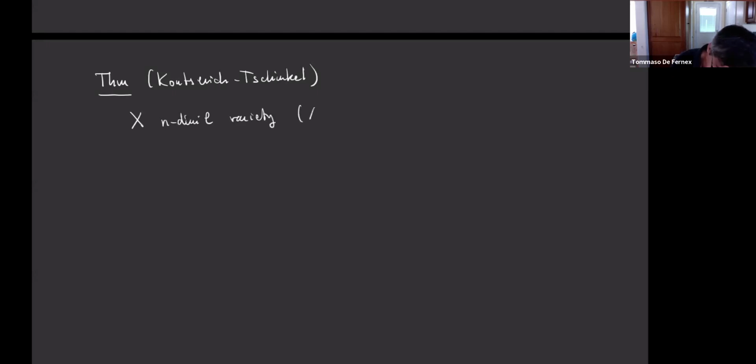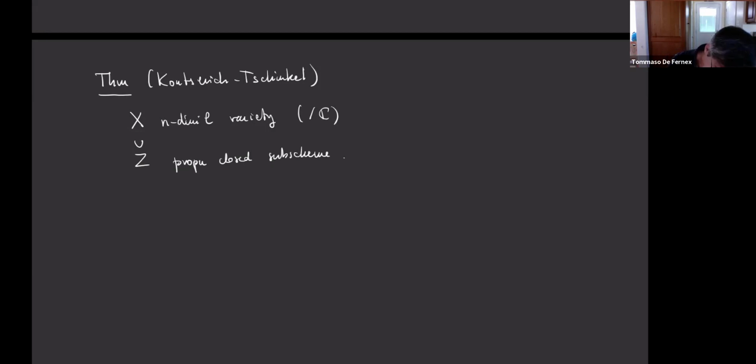Again, we now go back to work over the complex numbers, although this definition is definitely more general, but in the applications that we're going to see, we're going to work with complex numbers. And now suppose that inside X, I look at Z to be a proper closed subscheme. We can assume it's reduced because the definition will not see the scheme structure besides the reduced underlying subscheme.